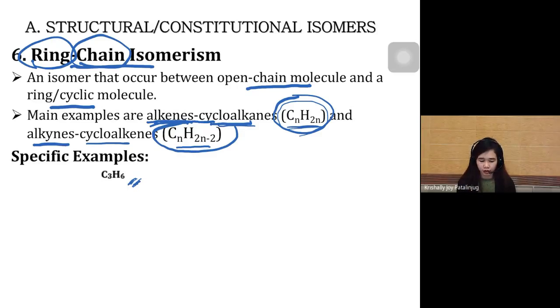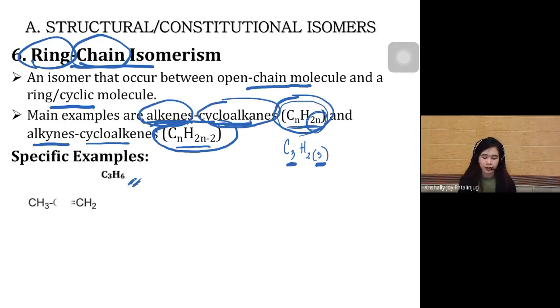Di ba? Given naman C3. So kung 3, inyong i-substitute dire. Di ba? H2 times 3. Kapag ang carbon daw tatlo, so kung imo i-substitute na 3, 3 times 2, C3H6 yung magiging resulta for its formula. So most probably, you will produce an alkene and a cycloalkane. So that alkene is a propene. Kapag tatlo yung carbon, propene.